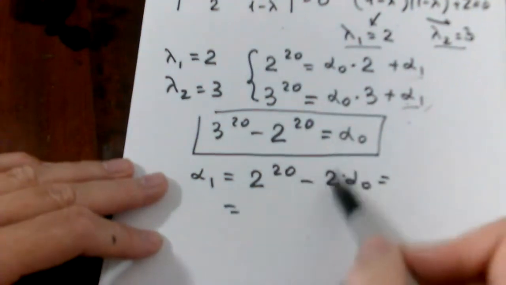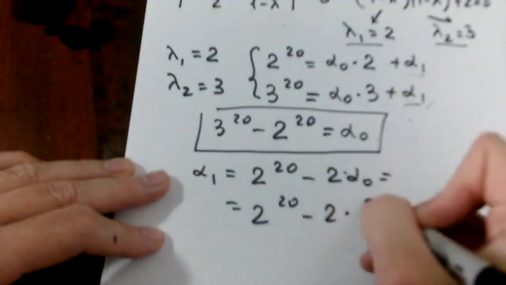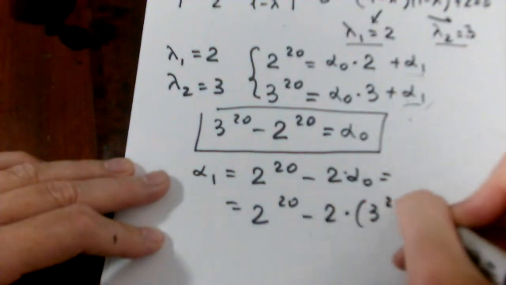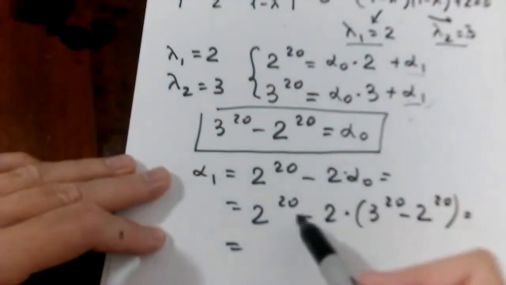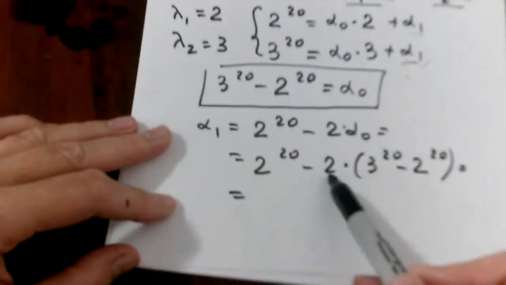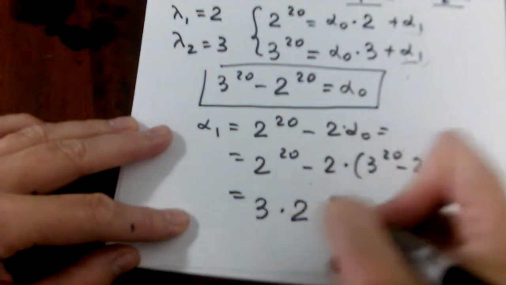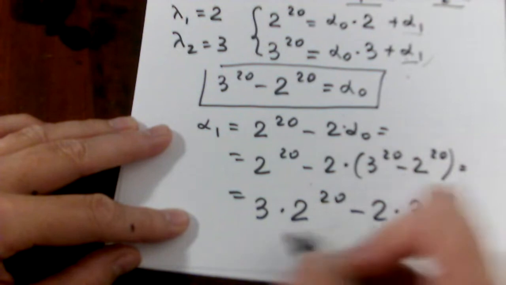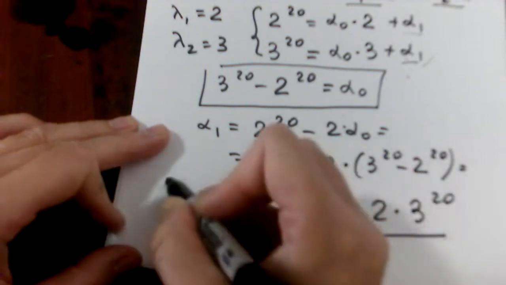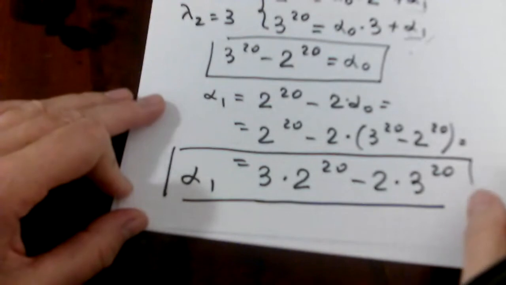And now I can substitute this result for alpha 0 into this equation, in parentheses, of course, 3 to 20 minus 2 to 20. Of course, it needs some simplification, so let's simplify it. It will be 3 times 2 to 20 minus 2 times 3 to the power of 20. So this is our alpha 1. Let's put a frame around it, just not to lose it.